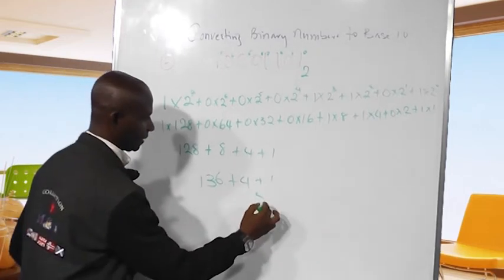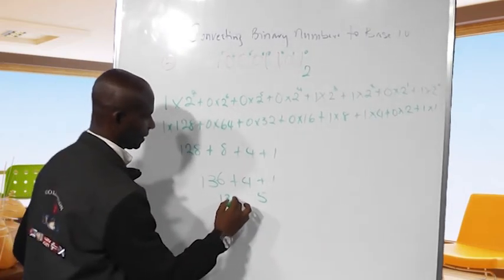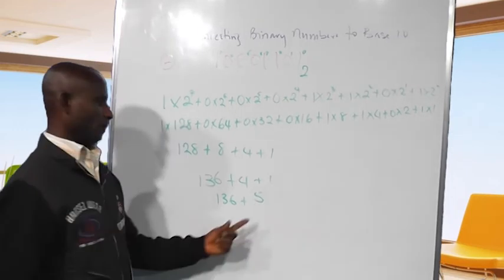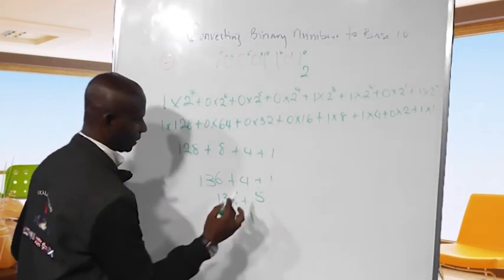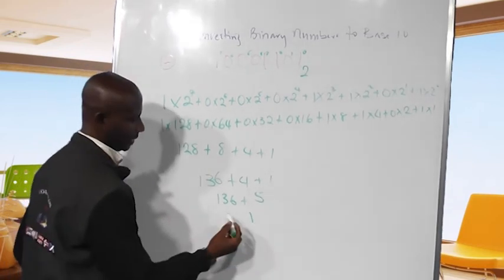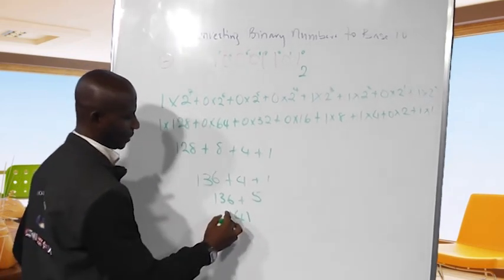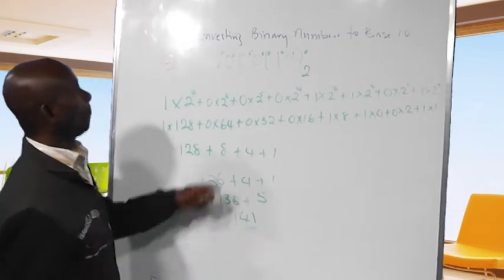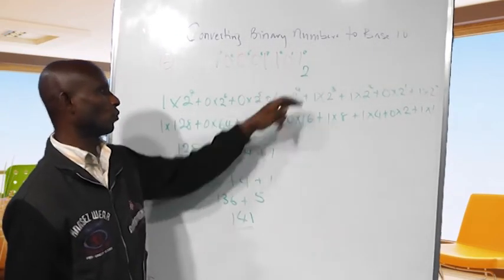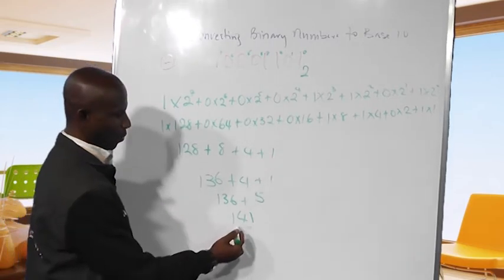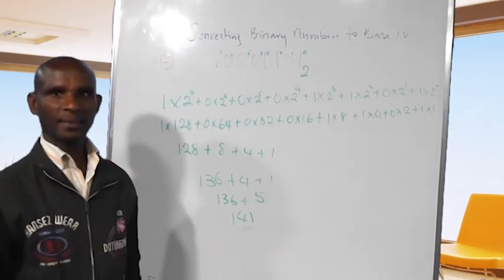You have your 5 here, and you have your 1, 3, 6 here plus 5. 5 plus 6 is 11. You write your 1 and carry 1. Carry the 1 and add here, you have 4. And you add this other one here. So when you convert 10001101 base 2 to base 10, you have 141 base 10.